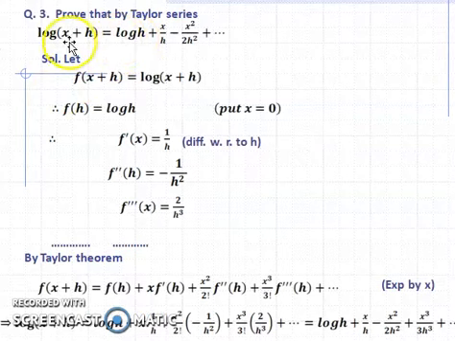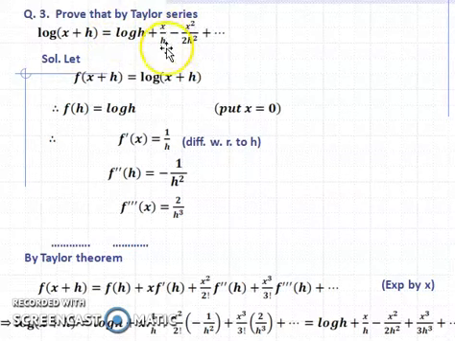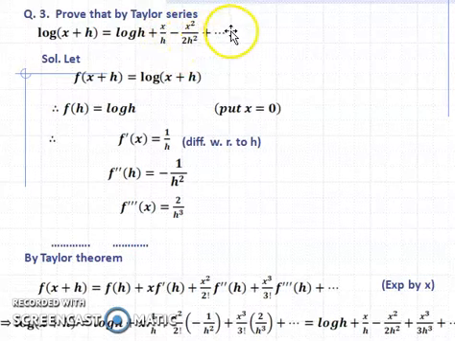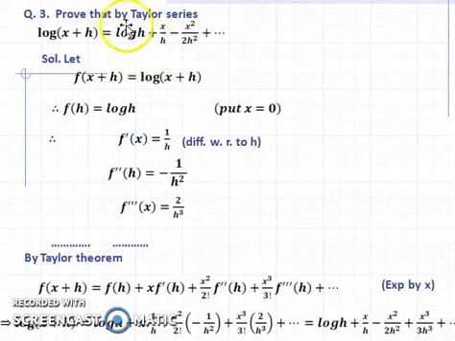Now take another example based on Taylor's theorem. See here, log(x+h) = log h + x/h − x²/(2h²) + ... The first part of the result is log h.